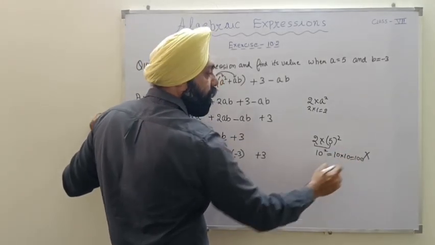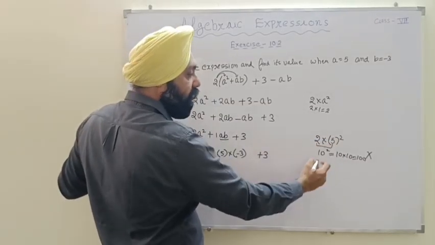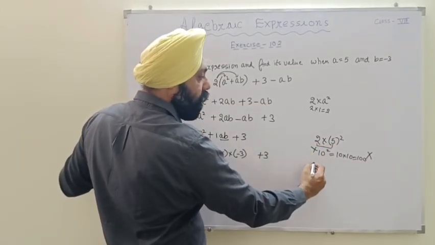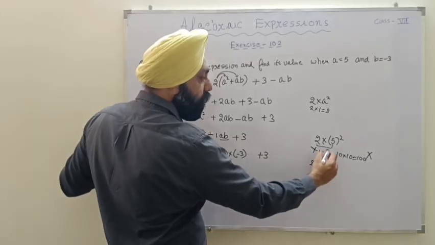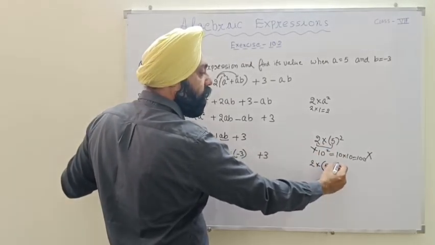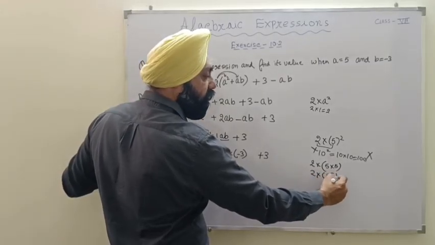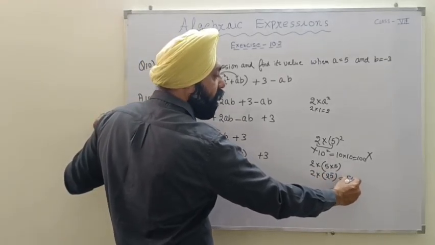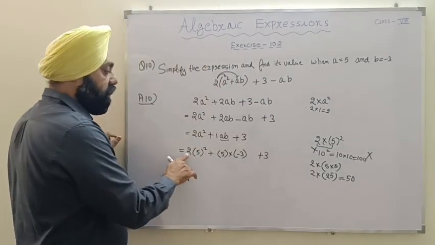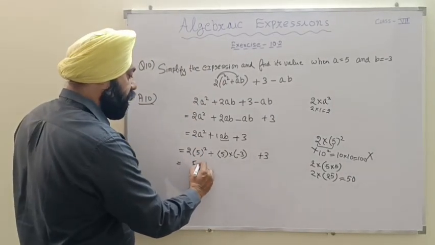So this is wrong. First of all, always the exponent gets solved. So it is 2 into, in the bracket itself you can write 5 into 5. So 2 times 5 into 5 will give 25, and 25 into 2 will give 50. So the answer of this term, when we simplify it, is equal to 50.